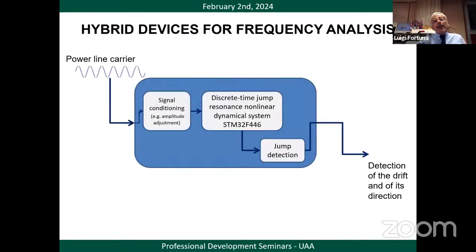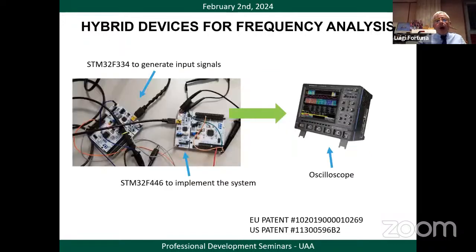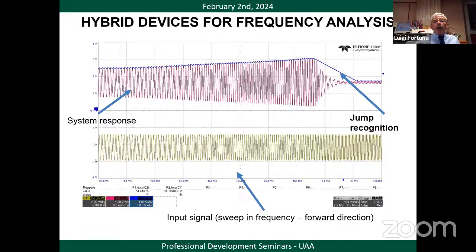This is a hybrid device made by analog and digital components to realize this type of sensor. Companies are interested in this type of sensor, and we have patents on these sensors. This is essentially the shape of the output signals.